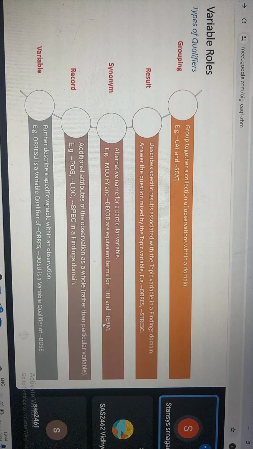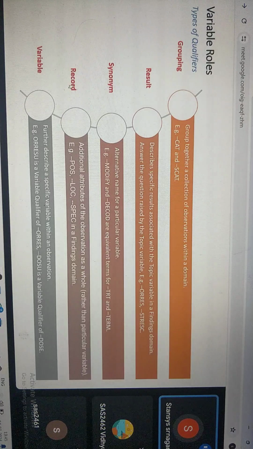AE term is the topic variable. For that, AE decode is the synonym qualifier of the AE term. So the modifier and decode, there are a few variables that give the same information with another name. So we can call it the alternative name, the synonym qualifiers.